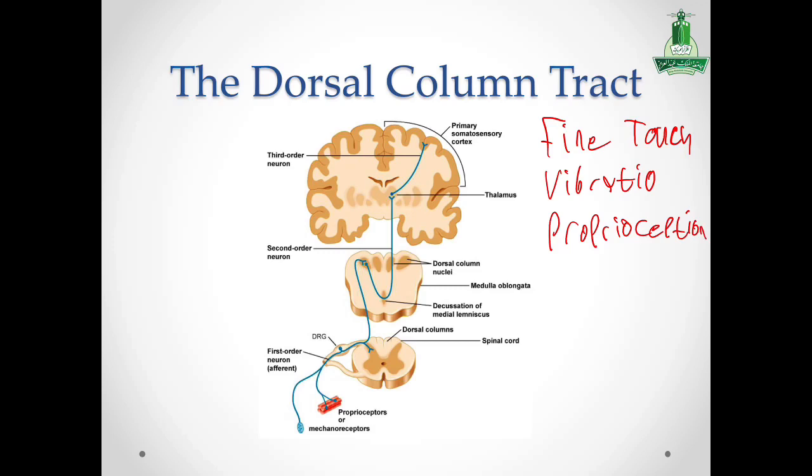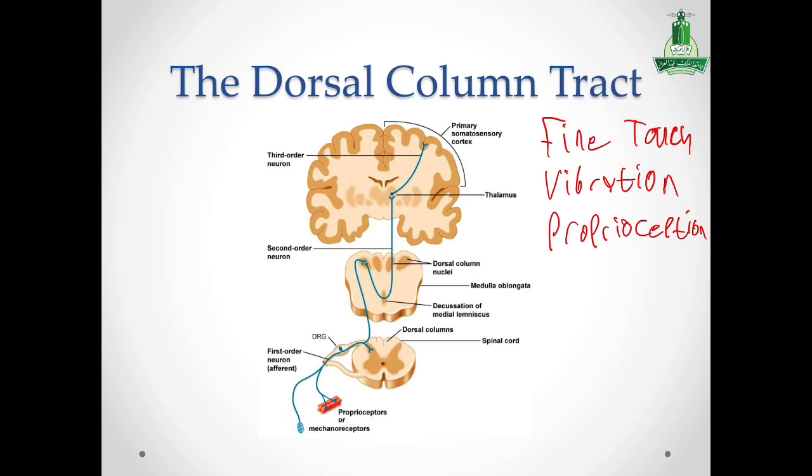There is also 2-point discrimination. However, just remember those three: fine touch, vibration, and proprioception. These components, together with the 2-point discrimination, would give the person the ability to have discriminative touch, which is basically the function of the dorsal column tract.